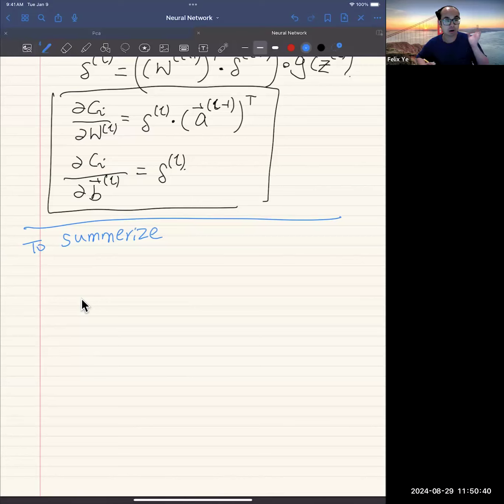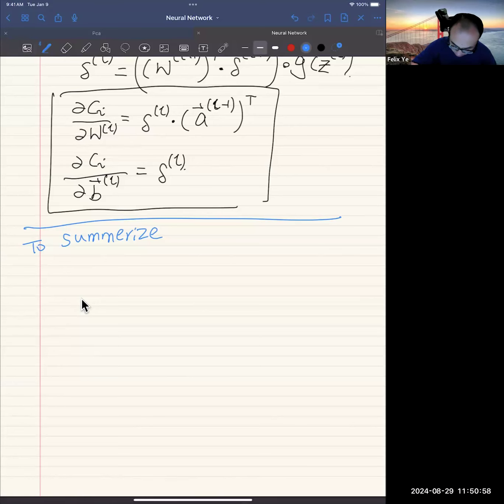the product of all these terms is computed iteratively from right to left. So it's from L to L minus 1 to L minus 2 and then going on. Then at the end, we get this efficient algorithm to compute those derivatives.